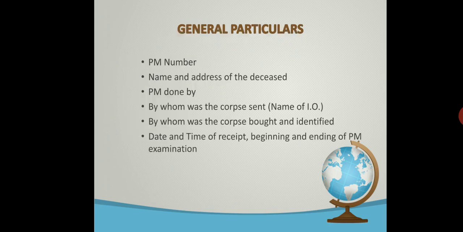In the general particulars, we have to mention the PM number, name and address of the deceased person, who has sent the dead body for postmortem examination, the name of the investigating officer who brought and identified the dead body, and you have to record the time and date of receipt of the dead body, beginning of the postmortem examination, and completion of the postmortem examination.